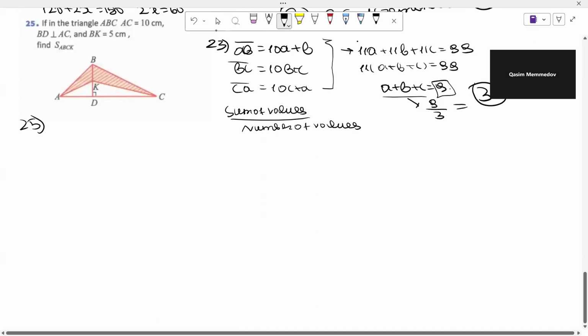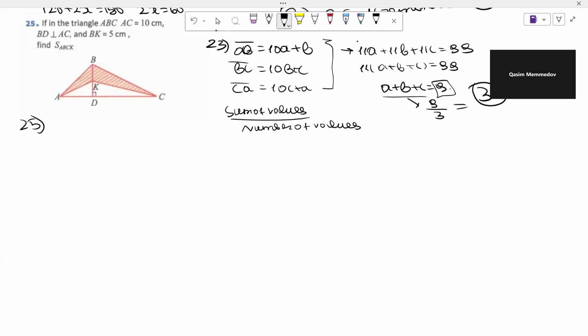AC equals 10, BK equals 5, find the area of ABCK. Okay, firstly, I want to remind you that if I ask you to find the area of ABC, you know that it equals AC multiplied by BD divided by 2.